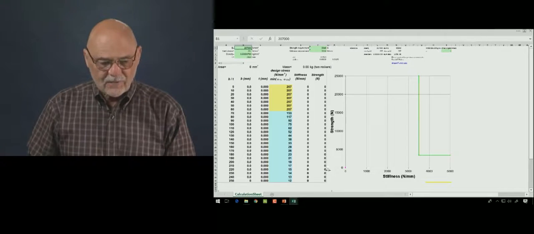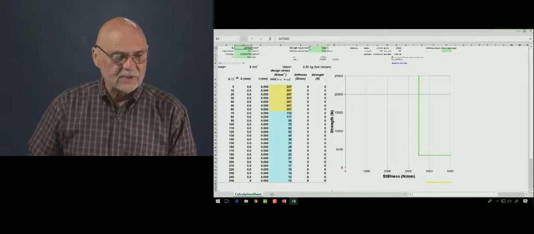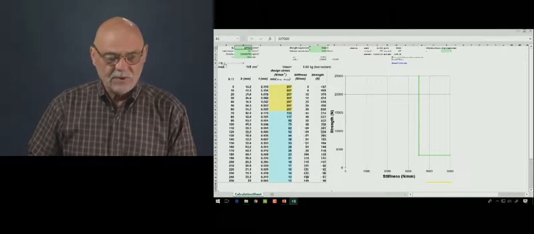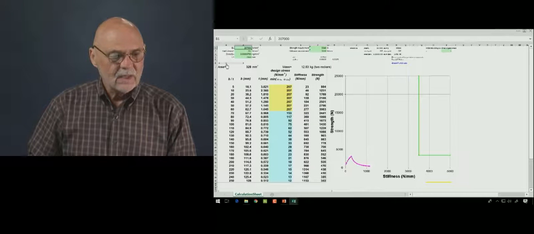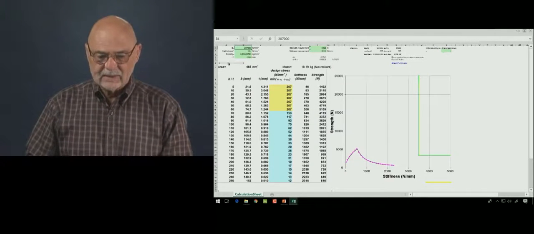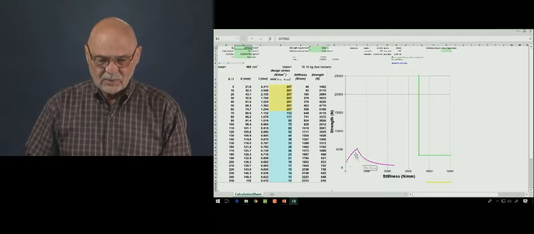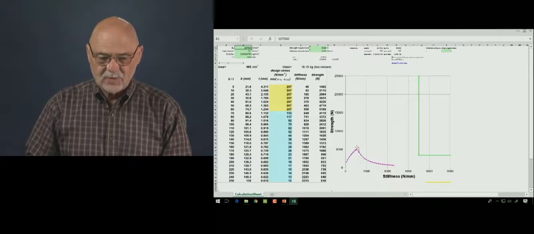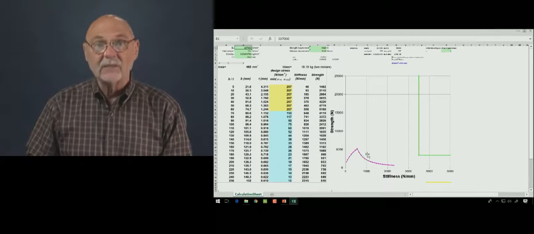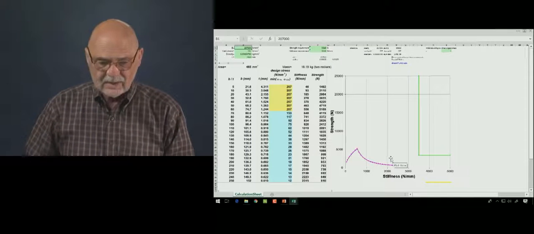Okay? So we're starting off at the same point here. We have 0 cross-sectional area. So let me just zip this over. So we're seeing that general shape that we looked at before. So failure by yield up to this point, and then above that we're failing by plate buckling.